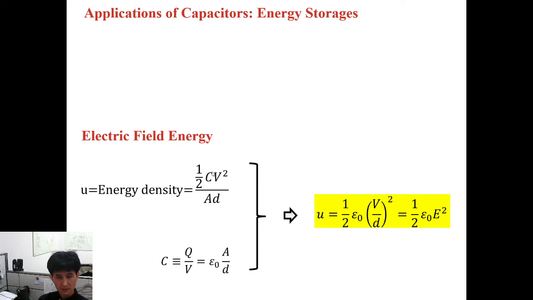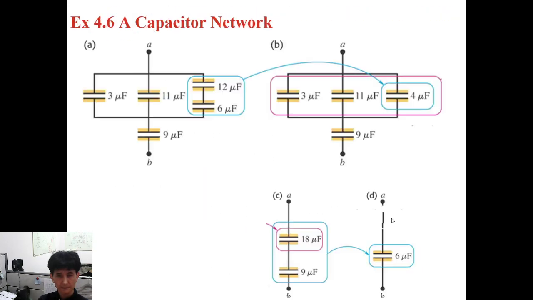A cancels out and C disappears. By replacing C with this, we have voltage over D squared. Or voltage over D is the electric field for a plate.